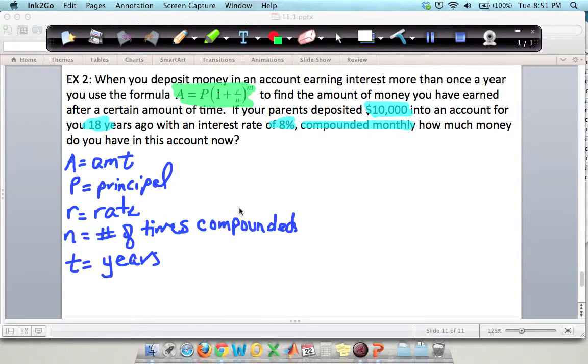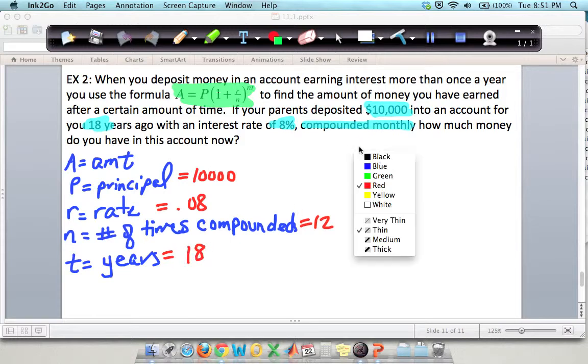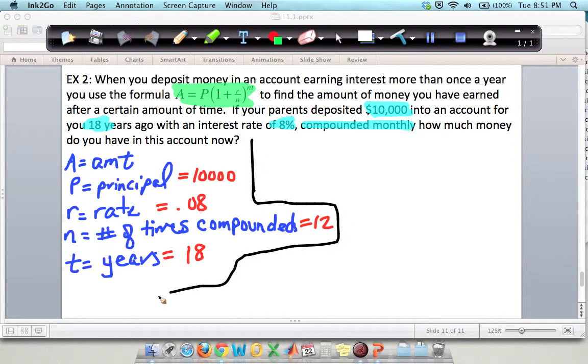Okay, and then let's just write down. We don't know the amount. That's what we're trying to find. Our principal is $10,000. Our rate is 0.08. Compounded monthly means it's compounded 12 times a year for a total of 18 years. So I'm going to plug in all these values into our formula.